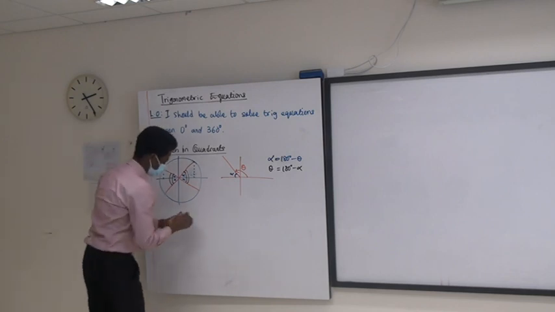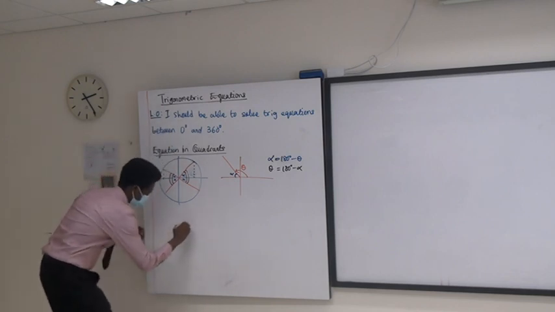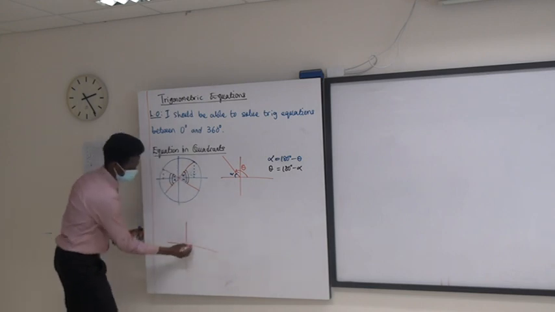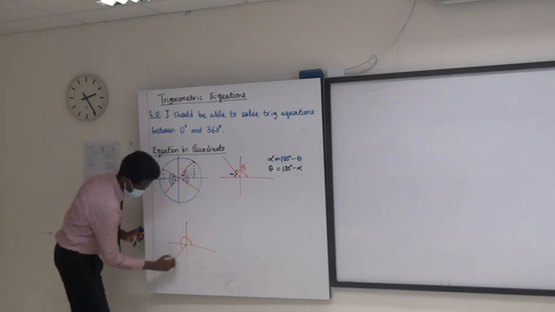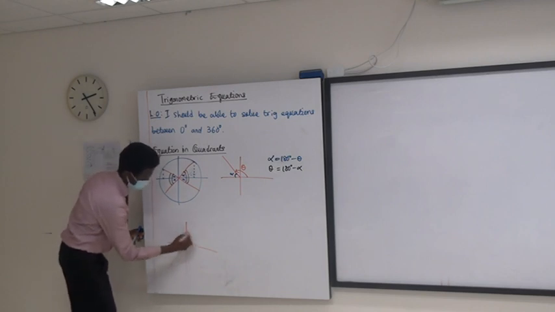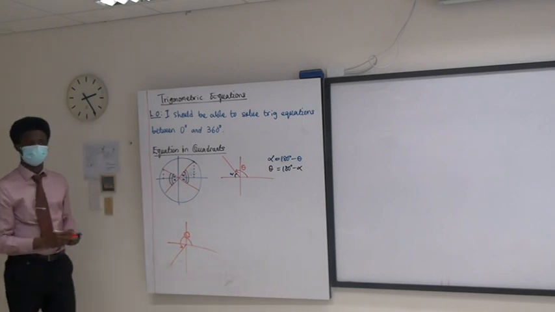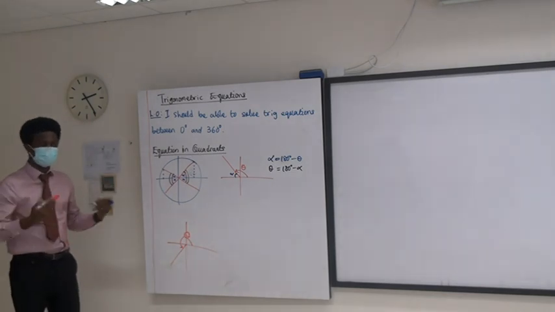In the third quadrant, I have this. Third quadrant means I start from here, I go this way until here, right? So this angle is my theta from the beginning, right?